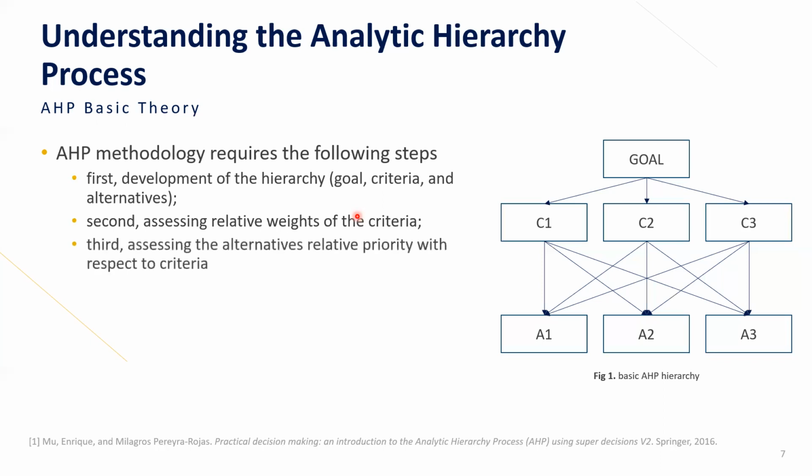Okay, and then after that you can move to the second, third, and final step, which we will learn later. You will assess among the criteria. So first you have the goals, right?